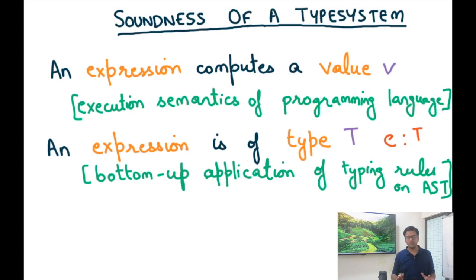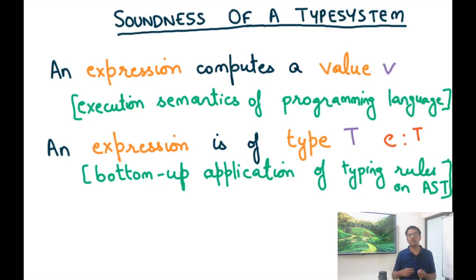But it's important, however, that these typing rules are in agreement with the execution rules, right? For example, I can't have a typing rule in my system which says if 1 is an integer and 2 is an integer, then 1 plus 2 will be a string. Or in general, if E1 is an integer and E2 is an integer, then E1 plus E2 would be a string. That's as good a typing rule as any other, because it's just a rule that you're specifying and the checker is supposed to check against those rules.